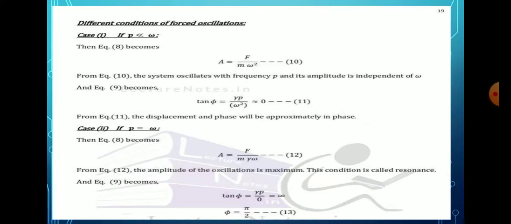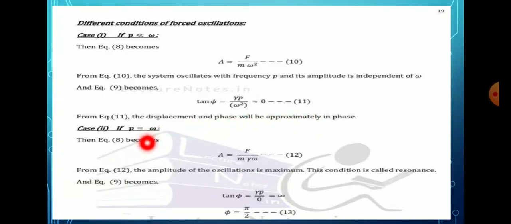So the amplitude will be A is equal to F divided by M omega square. That is equation number 10. Equation 10 oscillates with frequency p and its amplitude is independent of omega. Then equation 9 becomes tan phi is equal to r p divided by omega square, that is nearly equal to 0. That is equation number 11. Equation 11 means the displacement and force will be approximately in phase.